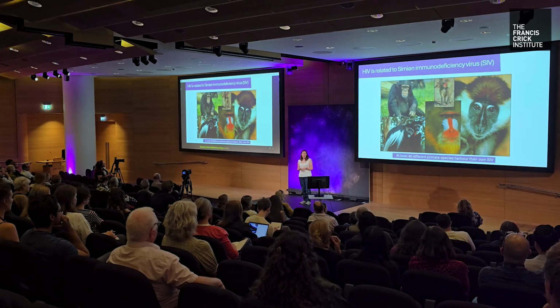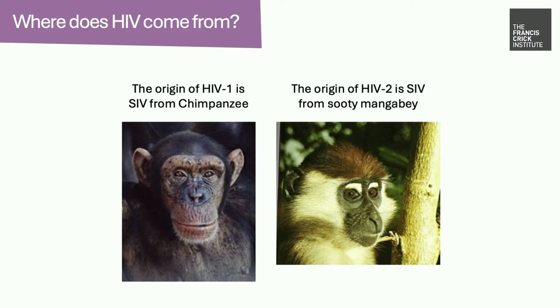And at least 40 different monkey species have been found to have their own version of HIV, so their own SIV. By sequencing viral genomes and comparing the HIV genomes that we have to monkey viruses, we found that there are two kinds of HIV. There's HIV-1 and there's HIV-2.